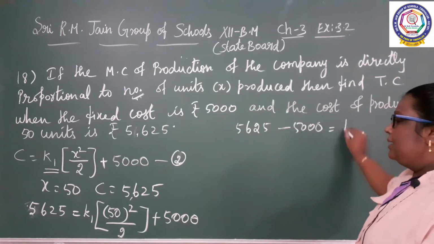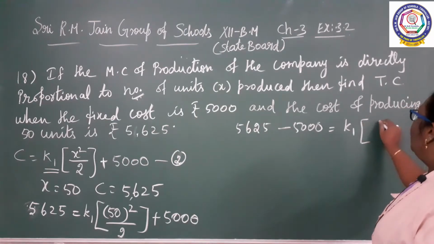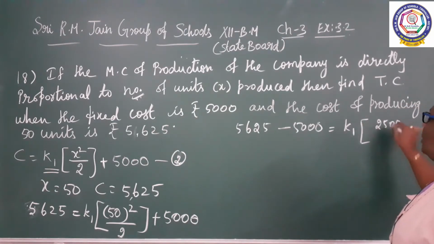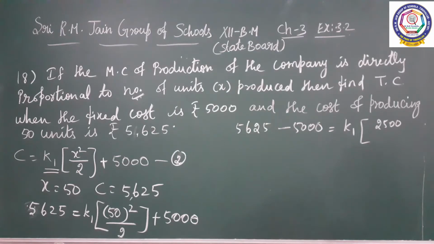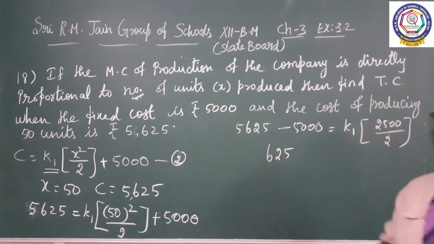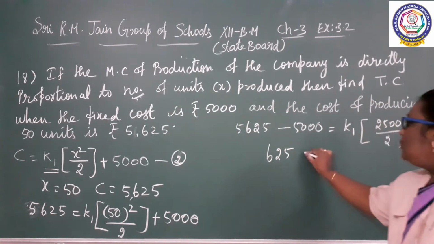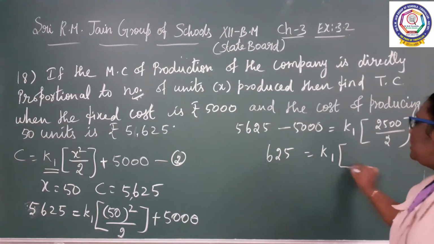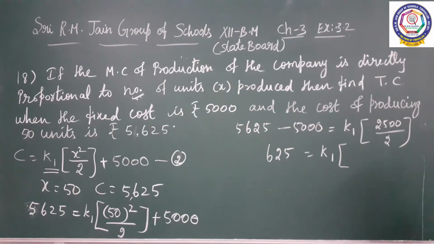It gives K1 into 50 square, which is 2,500 by 2. What is the answer for this? 625 equal to K1 into 1,250.